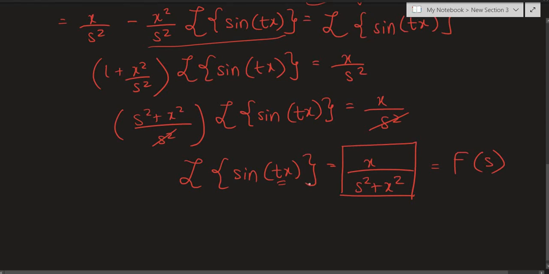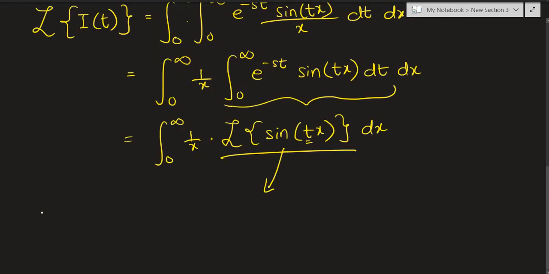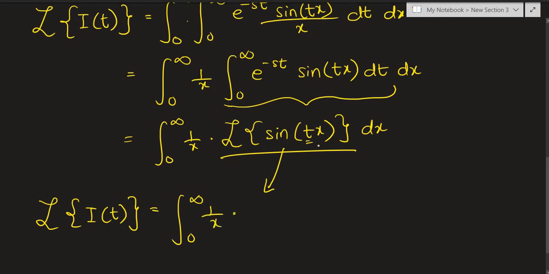Let's plug that back into our original problem. So the Laplace transform of I of t is going to be the integral from 0 to infinity of 1 over x times, well, we know the value of the Laplace transform of sine of tx, we just calculated that. So that's going to be x over x squared plus s squared dx.